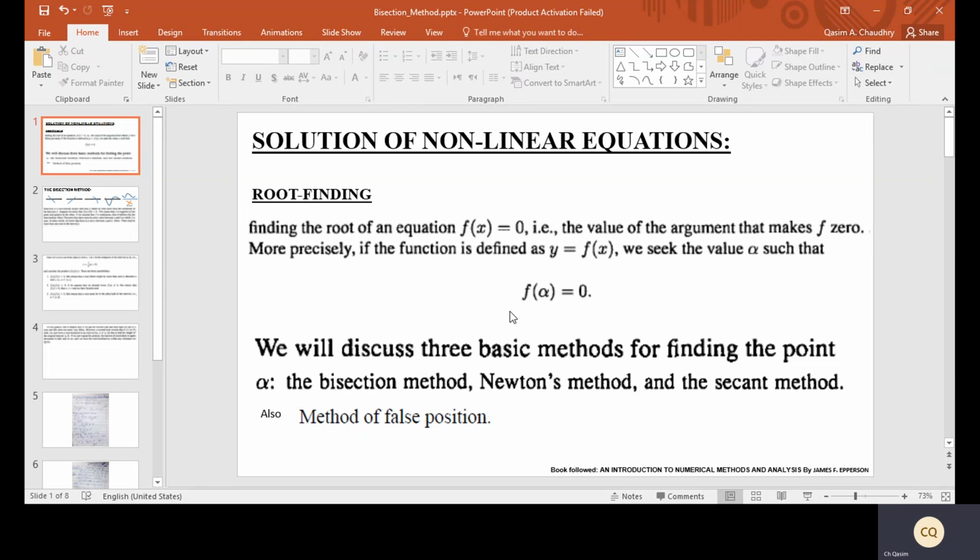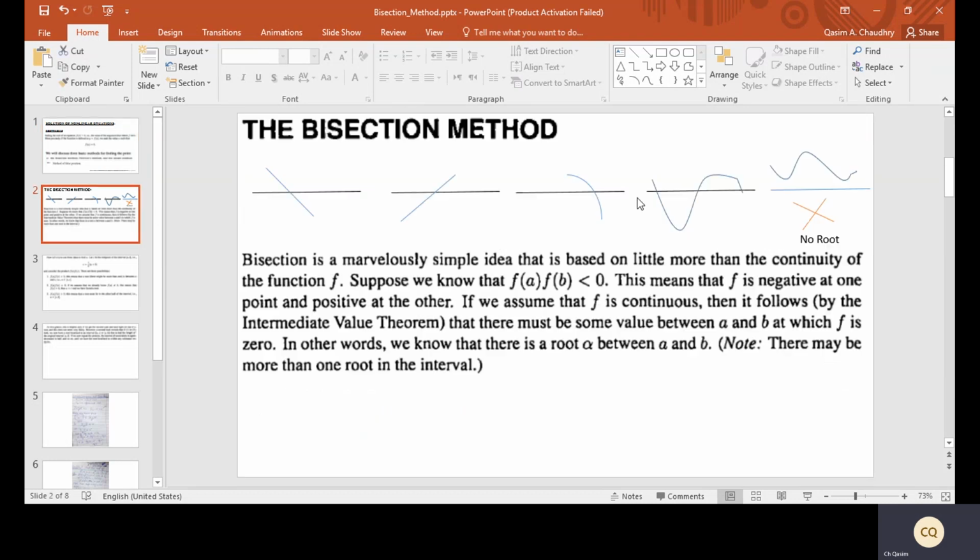In most books, the bisection method, Newton method, and secant method are the main methods considered, because there is a very small difference between the secant method and the method of false position, but we will talk about this inshallah. So let's start our first method, the bisection method.